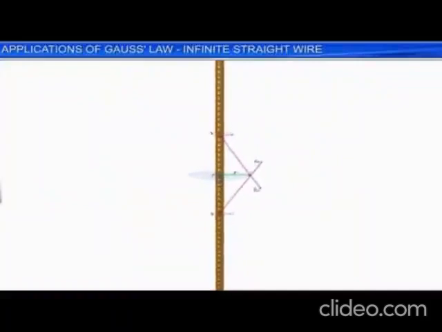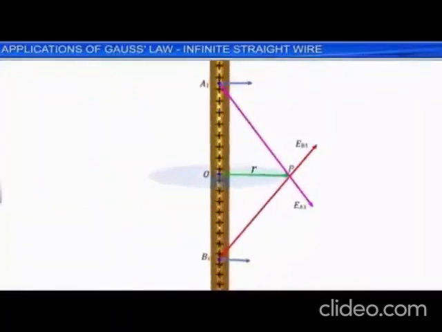Thus, the electric field due to the wire of infinite length is radial everywhere and in the plane normal to the length of the wire. It depends only on the magnitude of the radial vector r.